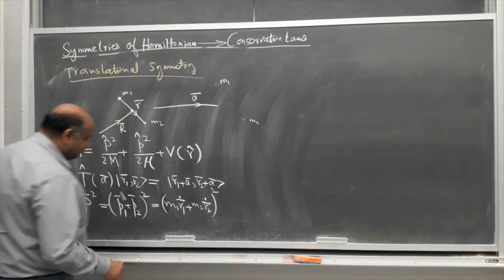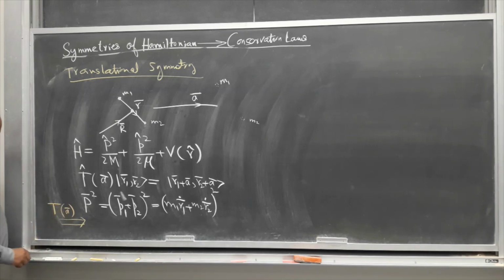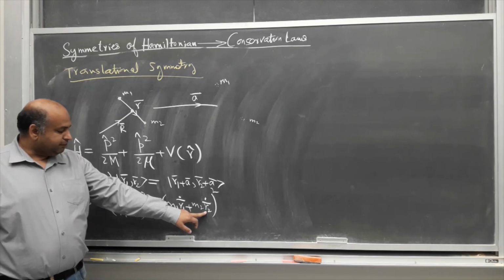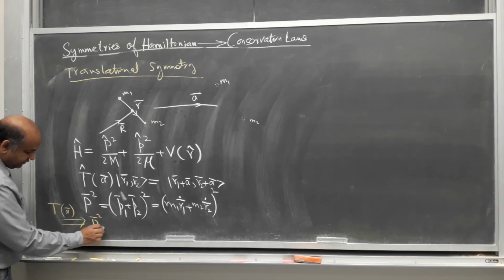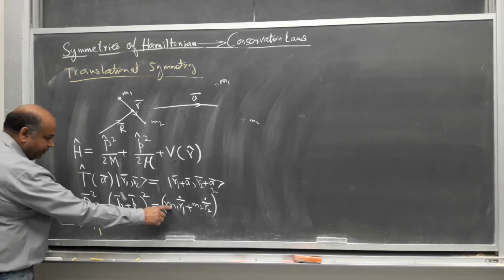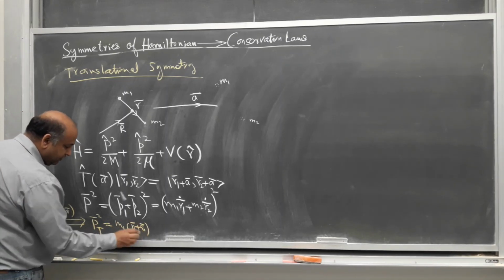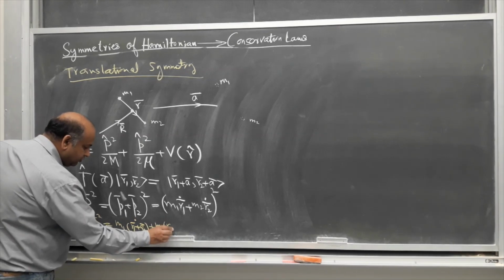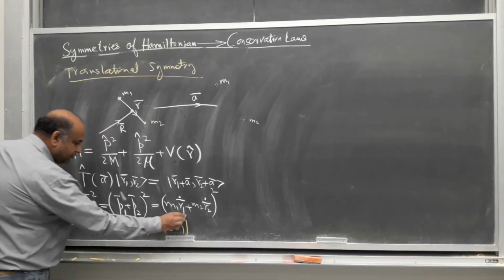Now, what happens to this momentum under translation? So, in the translated frame, both R1 and R2 have to be translated by a vector A. So let me just write this translated total momentum. This would be m1 (r1 plus A) dot plus m2 (r2 plus A) whole dot, and then square.